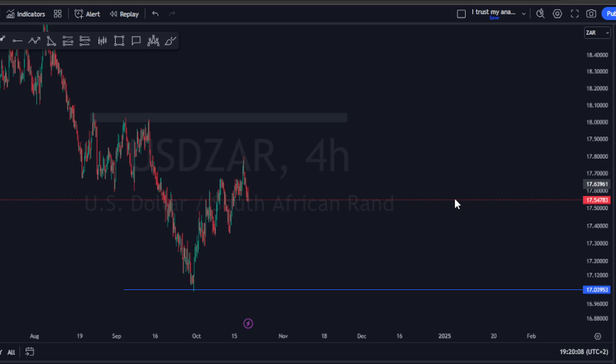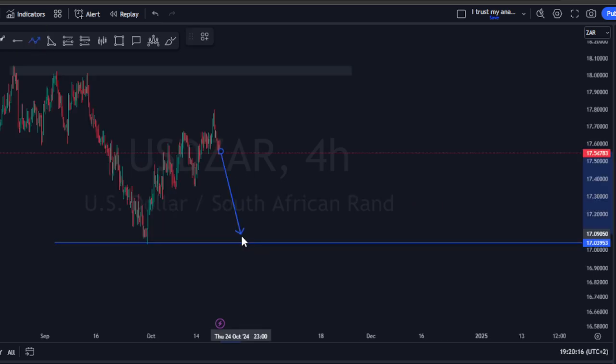We have a zone here. Let me see. Right there, the third touch. Okay. From those lows. These lows here. Let's go to the 4-hour time frame. Just see this properly. See the zone.